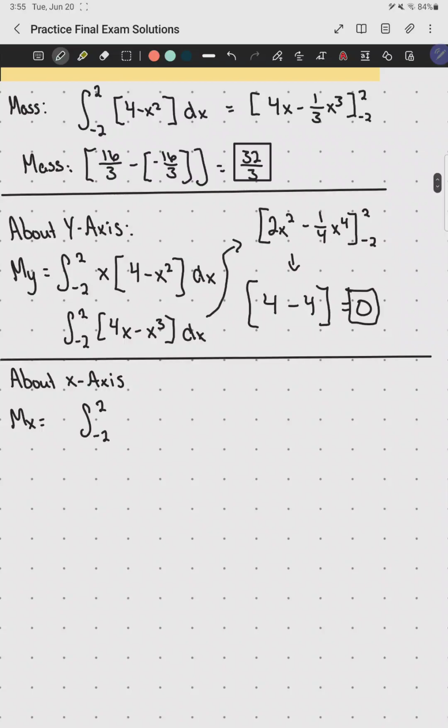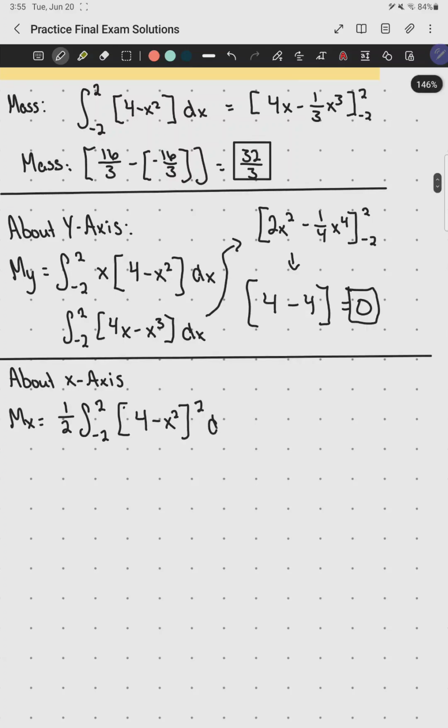We have a constant of 1/2, so I'm going to move that out to the front. And then we have 4 minus x squared.